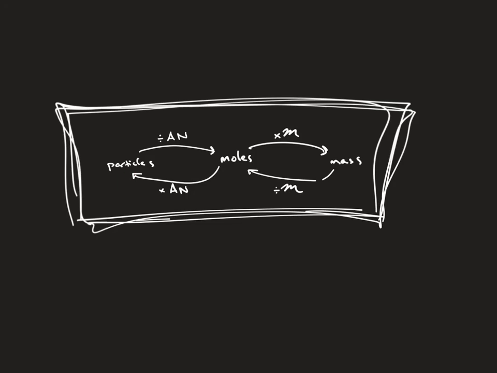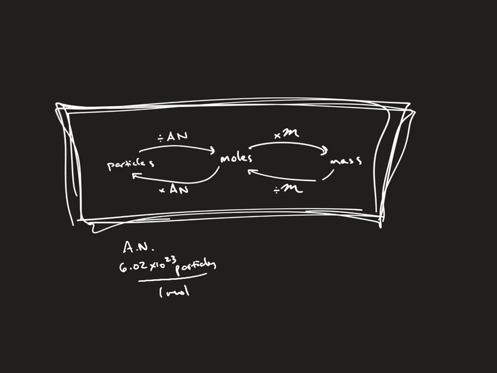Or if they gave me the number of particles and wanted the mass, I would divide by Avogadro's number and multiply times the molar mass of that substance. Let's say they just give me moles and they want to know the mass. Well, all I need to do then is just multiply times the molar mass of that substance coming off the periodic table. Okay? So really, all you got to know here is that Avogadro's number is 6.02 times 10 to the 23rd particles for every 1 mole.